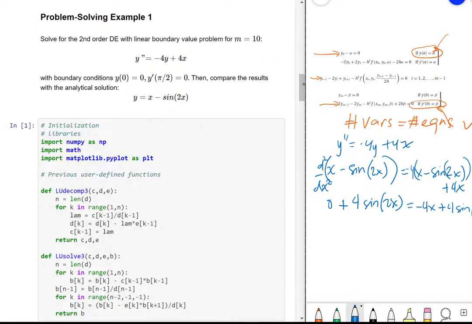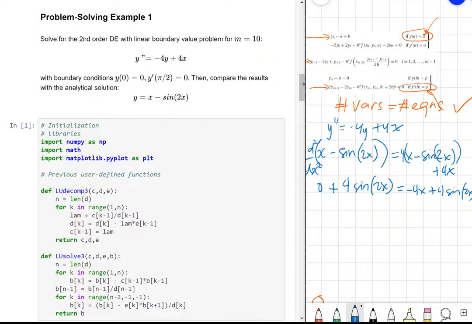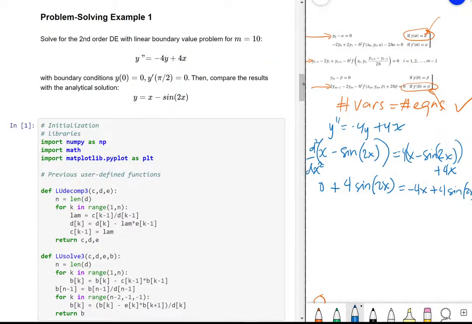Okay, I think now it's clear. Then plus 4x. So we just cancel out the 4x, and then you see that 4 sine 2x is equal to 4 sine 2x.